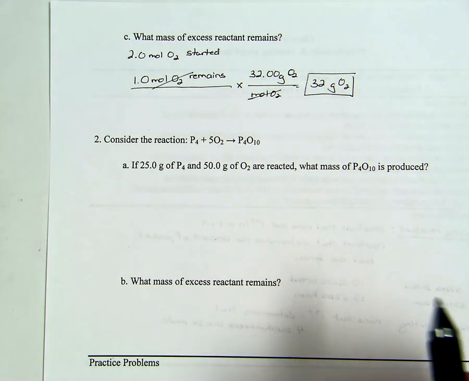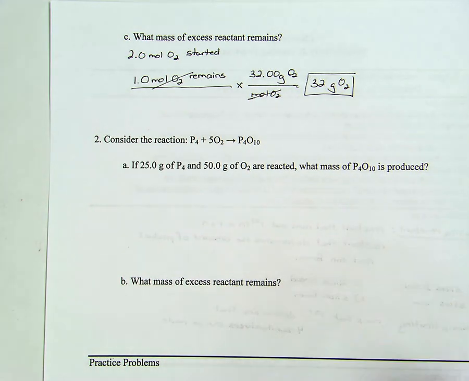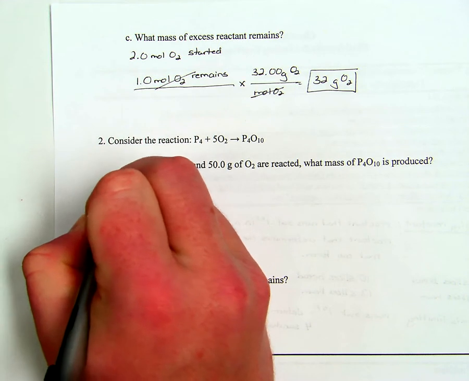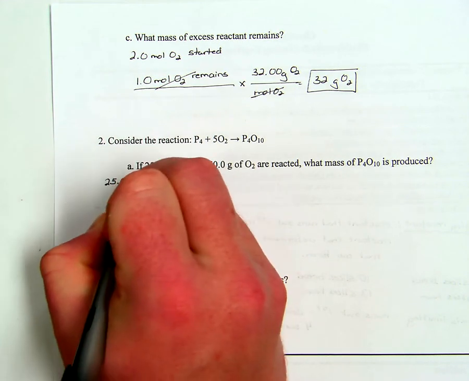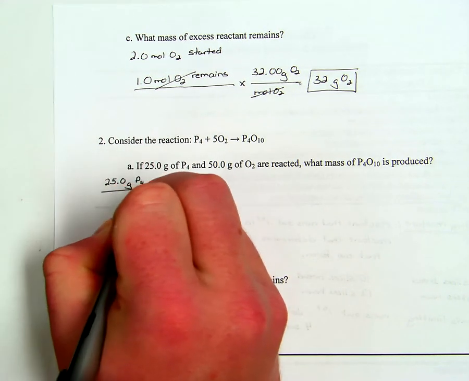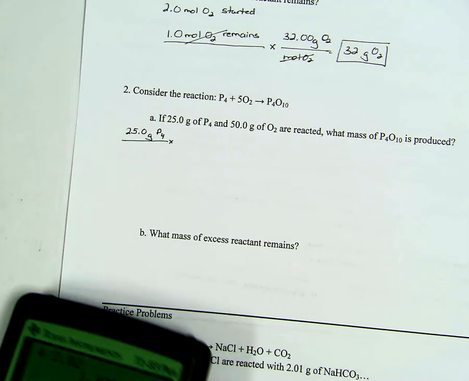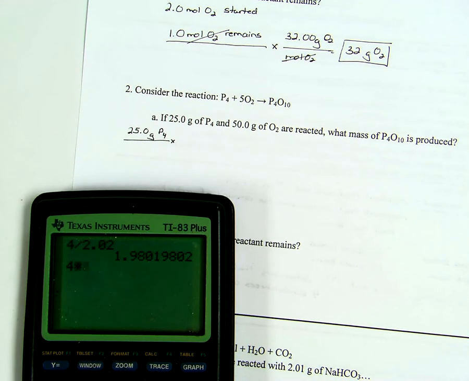We're going to convert the masses of our reactants into moles, so we can determine how many moles. So we need the molar mass of P4, so that is 4 times 30.97, that is 123.88.